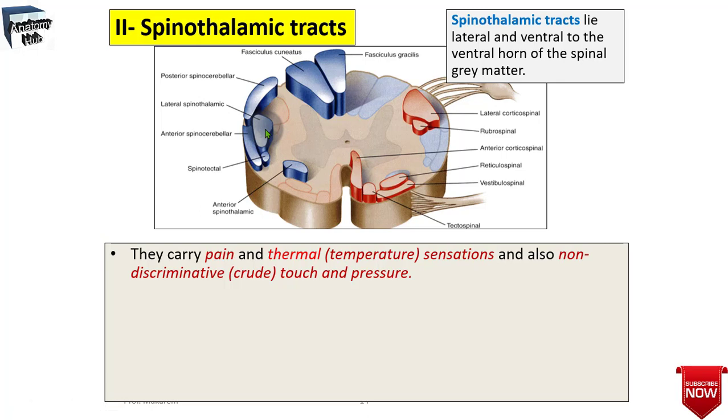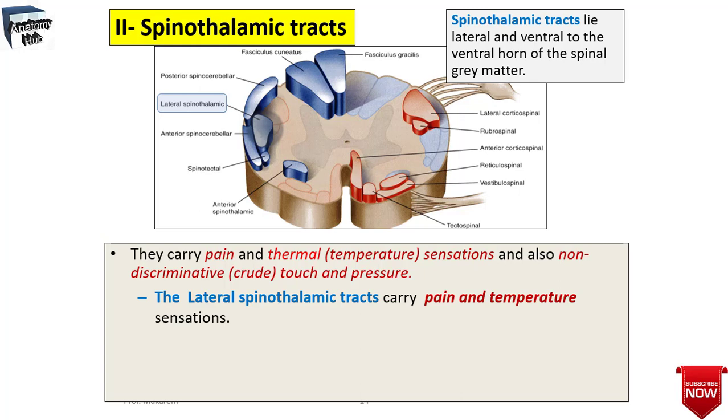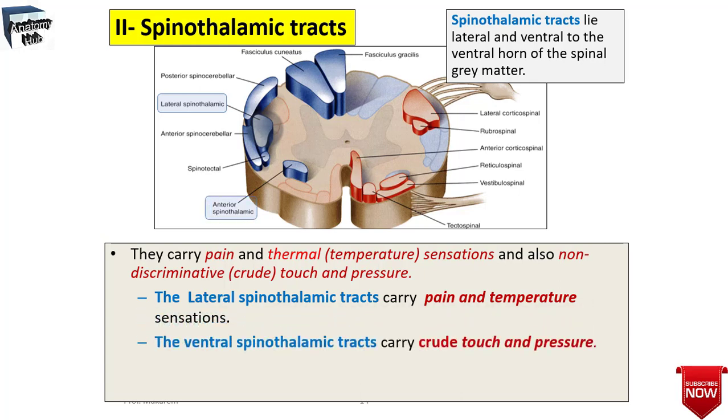So these fibers enter into the spinal cord from the posterior root ganglion and reach the posterior gray column where they divide into the ascending and the descending branches. So these branches cross 2 to 3 segments and form the dorsolateral tract of Lissauer.